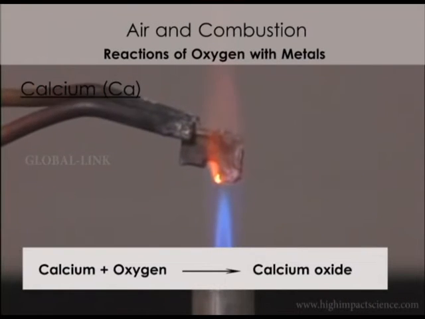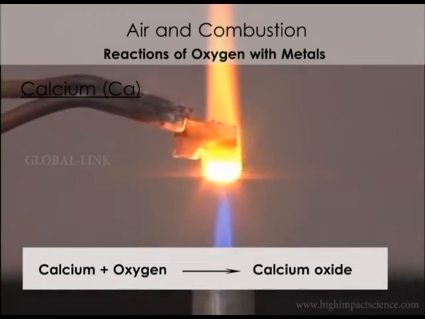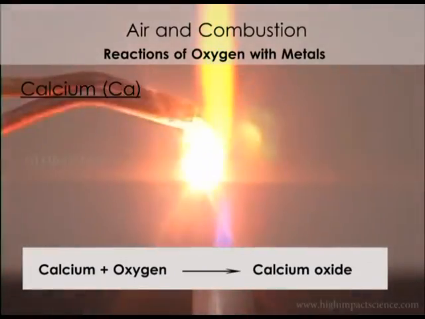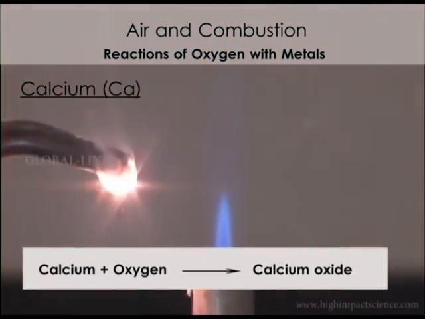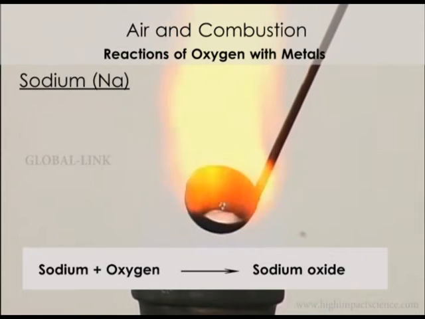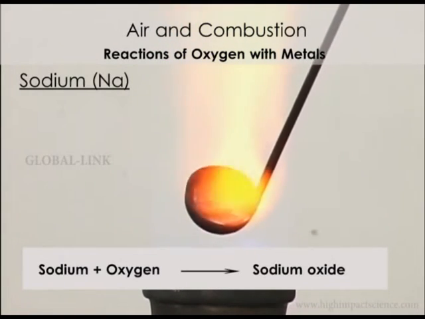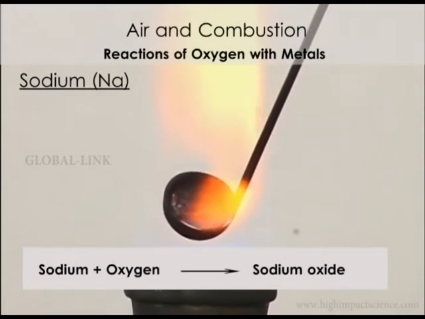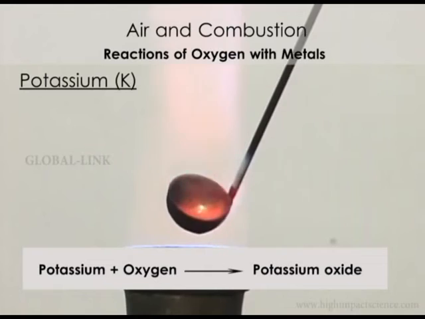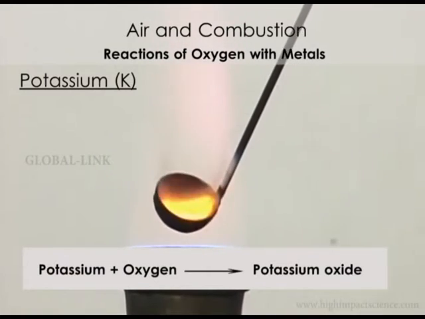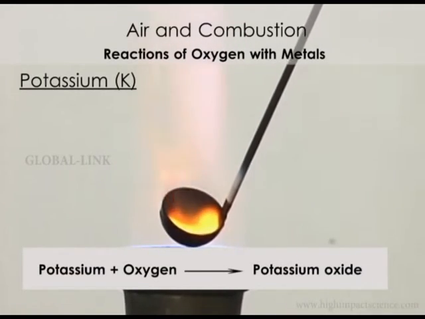Calcium burns with a brick red glow to form calcium oxide. Sodium burns with a yellow-orange flame to form sodium oxide. Potassium burns in air with a lilac flame to form potassium oxide.